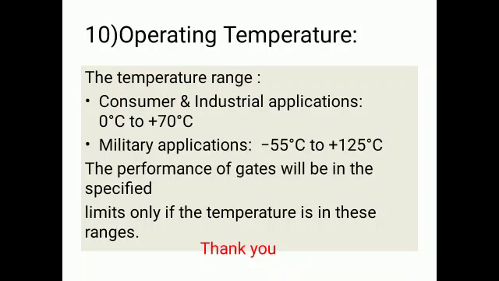So if the temperature range for consumer and industrial applications is 0 to 70 degrees centigrade and military applications is minus 55 to plus 125 degrees centigrade. So if the temperature is within this limit, then that gate will work properly, else it will get damaged.